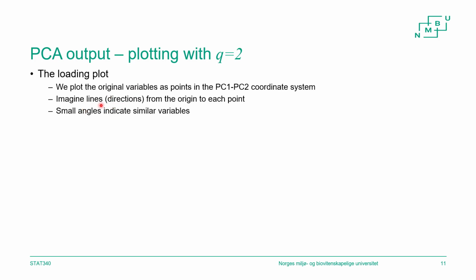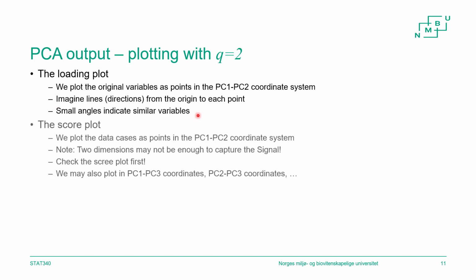So we can imagine lines from the origin to each point, as if it was an axis, right? Small angles indicate similar variables. That's a point we will come back to. So if two variables are located with a small angle between them, they are correlated or similar.